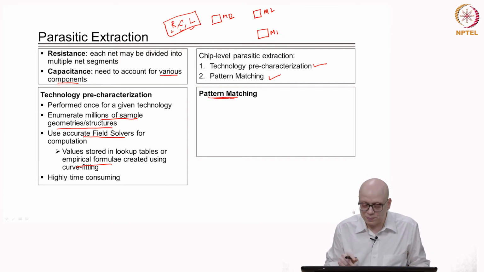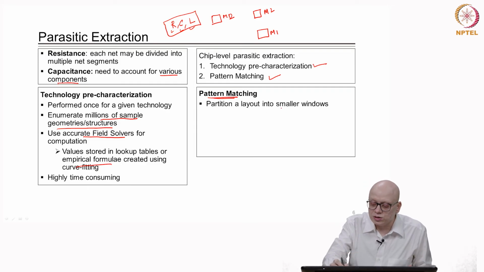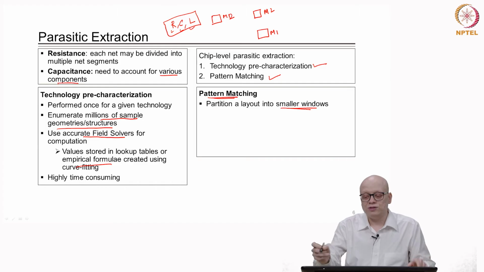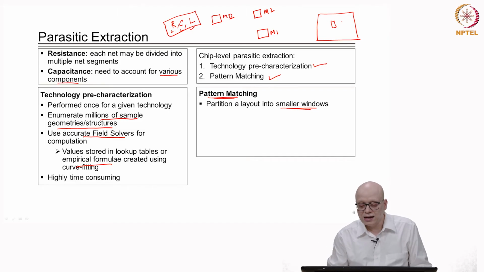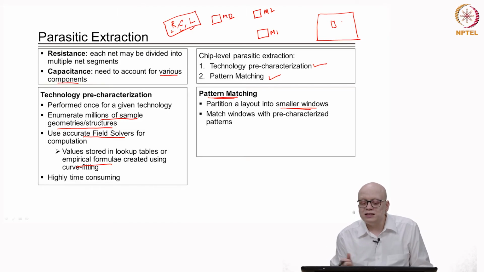Now, what is done in pattern matching is that we partition a layout into smaller windows. If there is a big layout, it will be partitioned into small windows, and then we match windows with pre-characterized partitions.